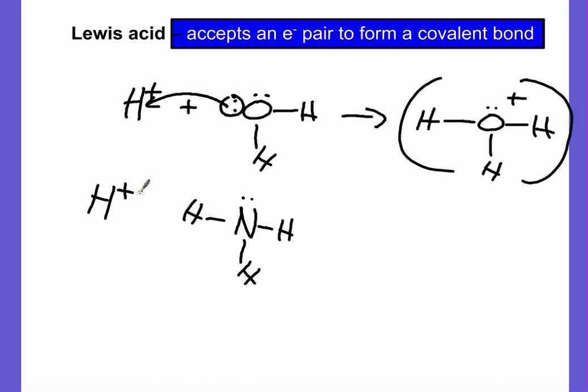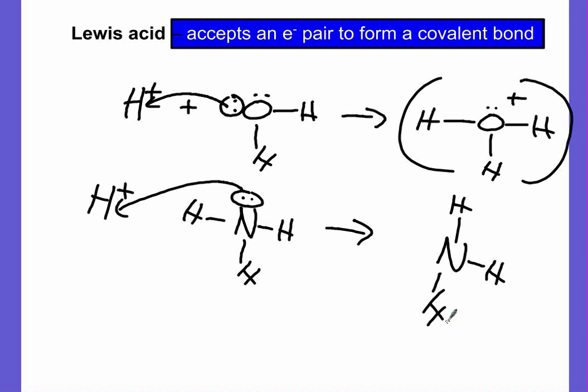So when it is accepting a proton, it donates this pair of electrons to make a bond between it and that hydrogen ion. And you end up with this product. A nitrogen bonded to 4 hydrogens. The whole thing has that positive charge. It's somewhere in there. Doesn't really matter where it is.